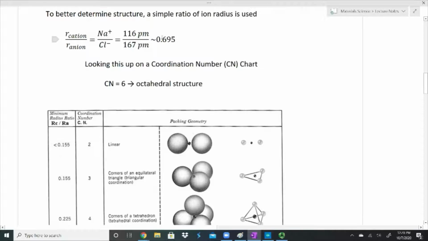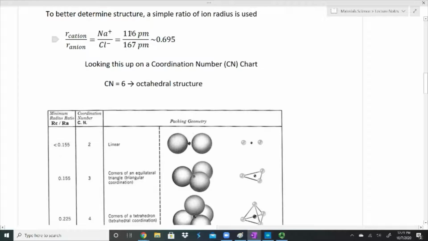Now, be very, very careful here. Make sure you are using the radius of the cation and anion. They're going to be significantly different than the radius for just an atom that is neutrally charged. So make sure that you are getting the cation and anion radii when you plug this in.